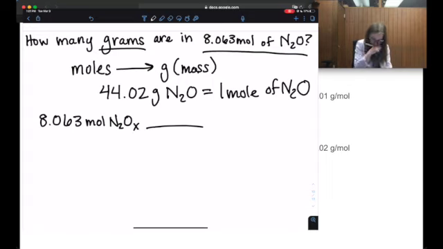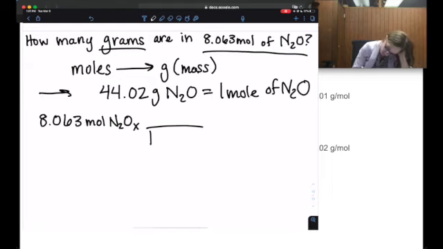And I am going to use my formula mass as a conversion factor, so that if I have moles of N2O on the top, I'm going to want to put moles of N2O on the bottom so I can cancel those out and get to grams, my goal. So I'm going to put 1 mole of N2O on the bottom, which is the same as 44.02 grams of N2O.